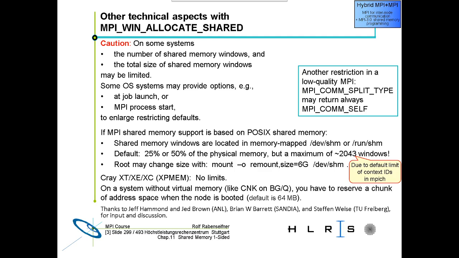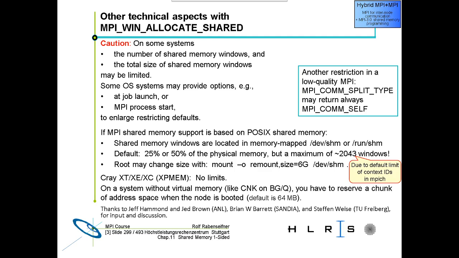So this is something that goes a lot into the actual implementation of the MPI library and the configuration of the system. So we need to make sure that it is possible, if we want to really define a high number of windows and also a really large size for those windows, that we are actually not hitting any limit and that we are able to support this without getting unexpected errors.